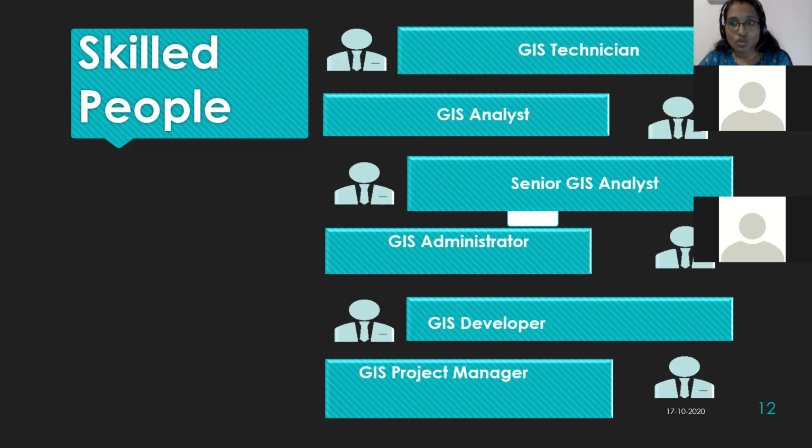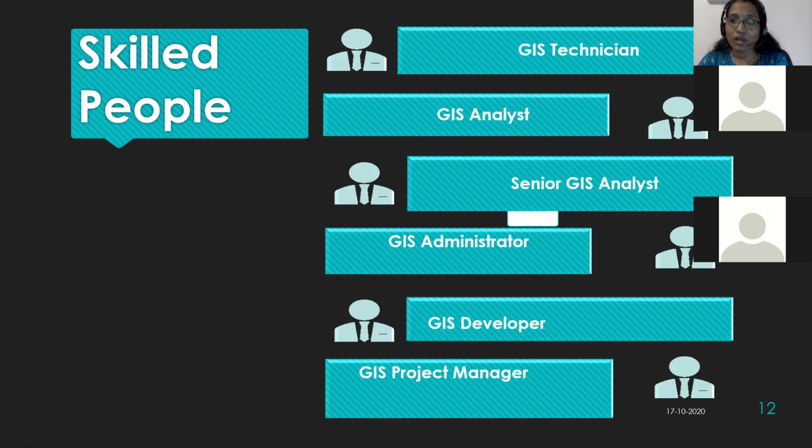Also, other than GIS, you should have some programming language knowledge, because if you want to become a GIS developer or work in the role of GIS administrator, programming languages are very important.